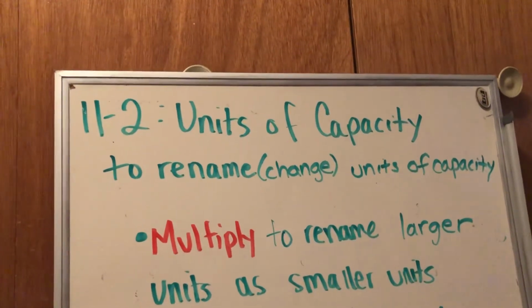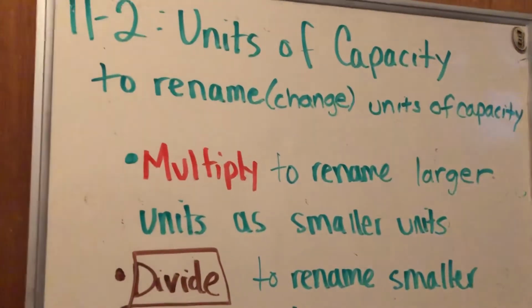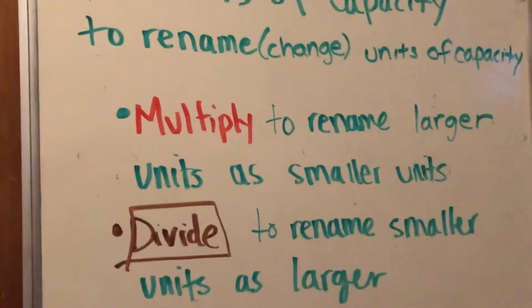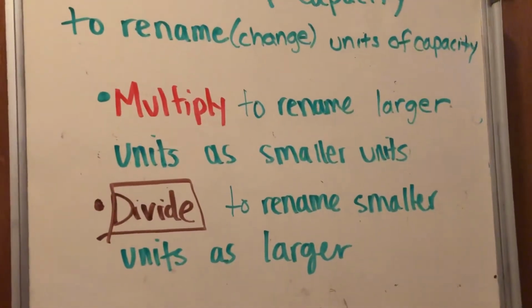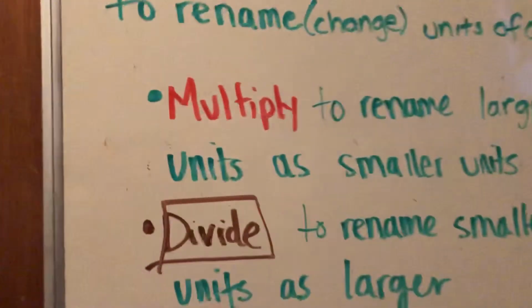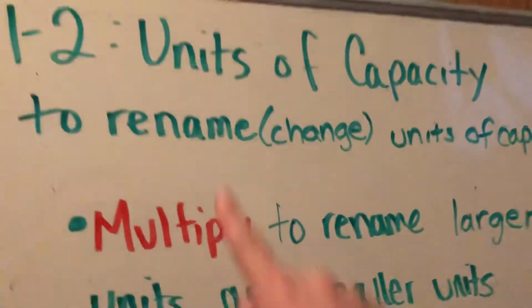So in your book, you will find that it gives you ways to find this, right? And for me, it is confusing, so I tried to make it as easy as possible to understand. So your book will tell you to find units of capacity, you have to rename.